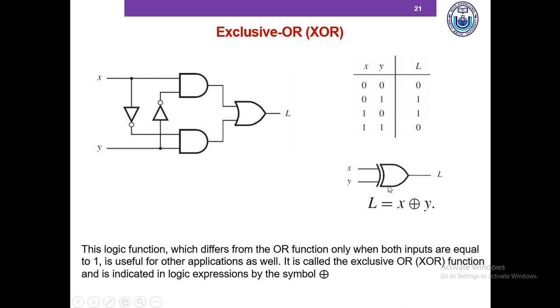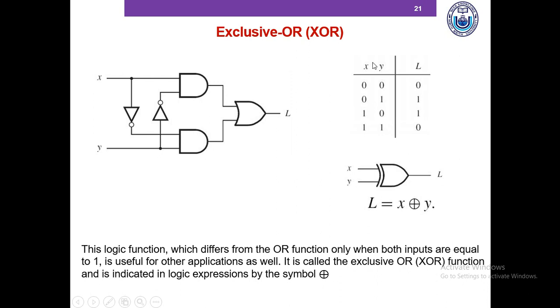That's the symbol of XOR gate. And when you're writing it in an expression, use this symbol for XOR gate. And if you also compare this truth table with the truth table of a 2-input OR gate, there is stunning similarity. 0, 0 is 0, 0, 1 is 1, 1, 0 is 1, except for the last row.